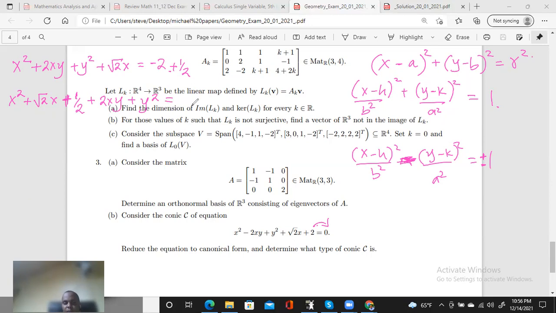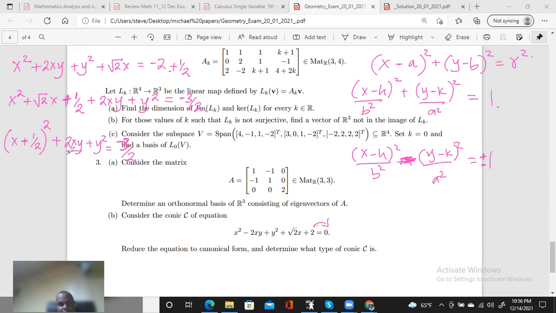It's going to be 1 minus 4, negative 3 halves. Now I could write this as x plus a half squared plus 2xy plus y squared equals negative 3 over 2.